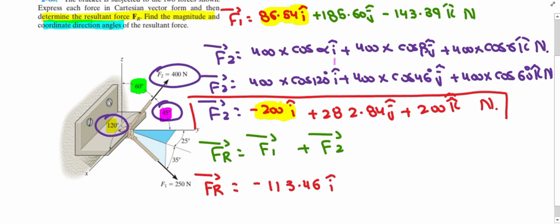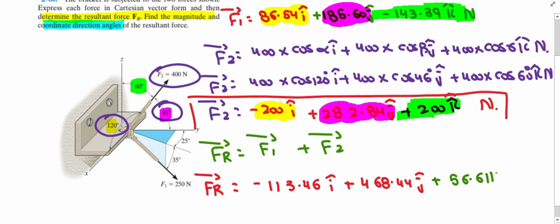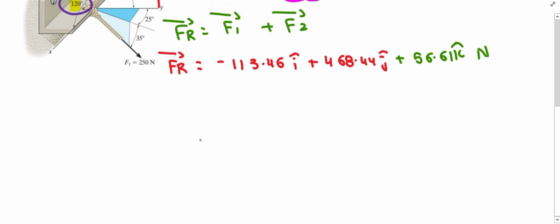Similarly, if you add 185.60 j with positive 282.84 j, you get plus 468.44 j cap. And lastly, if you add negative 143.39 k with positive 200, you get positive 56.61 k Newton. This is the Cartesian form of the resultant vector.